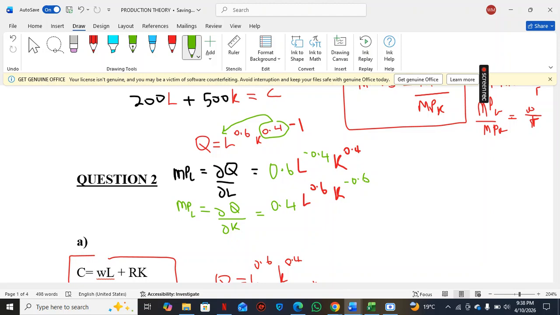So the marginal rate of technical substitution, you're just dividing these two.